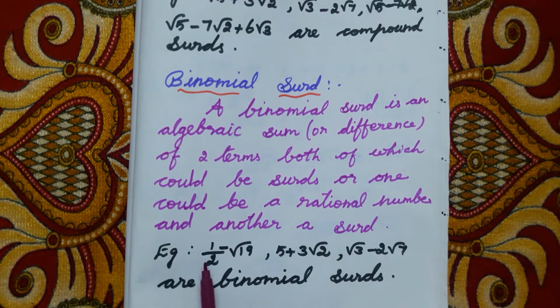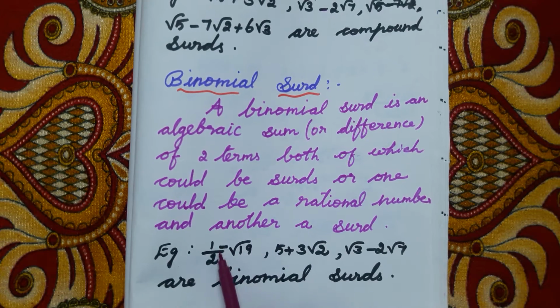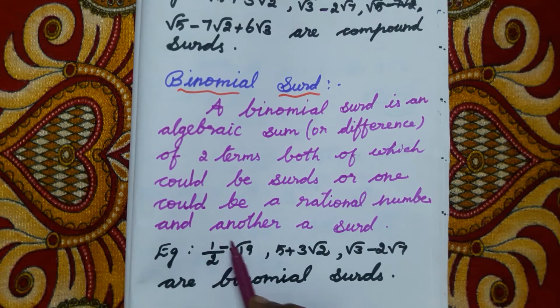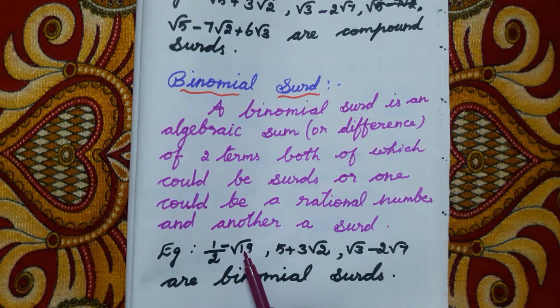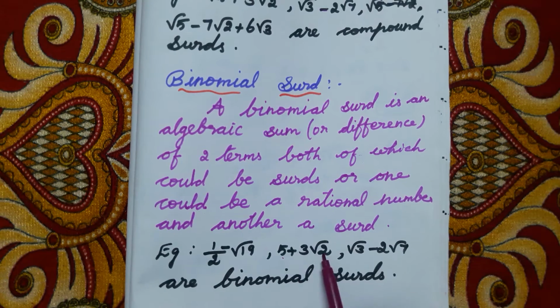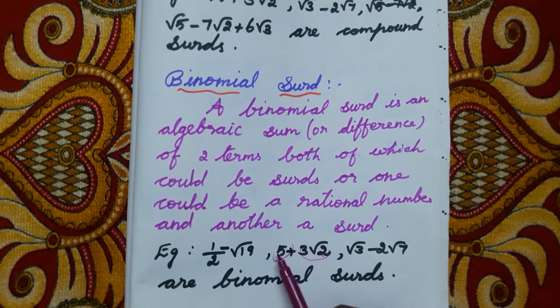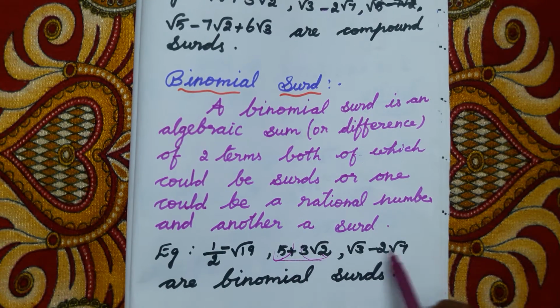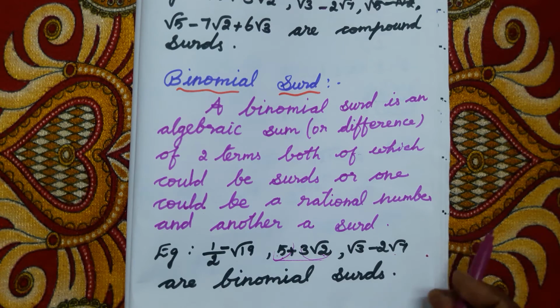For example, 1 by 2 minus root 19. 1 by 2 is a rational number, root 19 is a surd, together it is a binomial surd. Next, 5 plus 3 root 2. 5 is a rational number, 3 root 2 is a surd. So this is also a binomial surd. Root 3 minus 2 root 7 is also a binomial surd. Can you understand that?